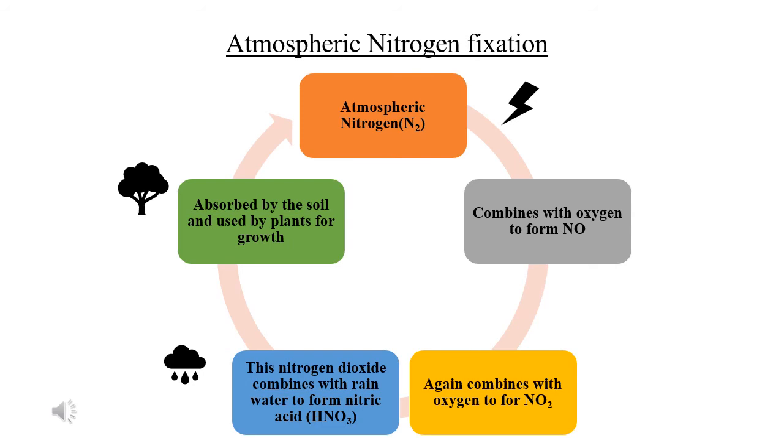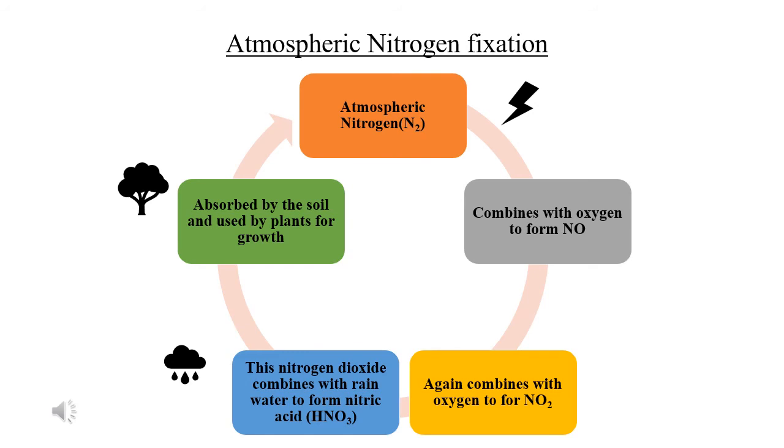Now when there is lightning, because of the energy absorbed from the lightning, the nitrogen molecules split, forming nitrogen atoms, and they start combining with the oxygen present in the atmosphere, forming NO, nitric oxide. Now this NO further combines with one more molecule of oxygen, forming nitrogen dioxide, that is NO2.